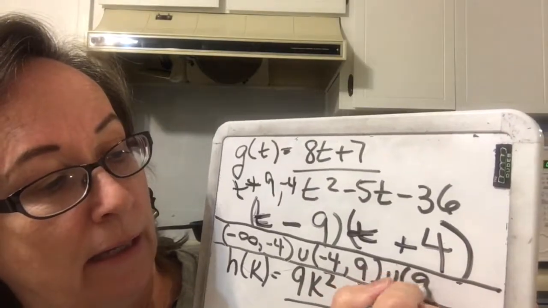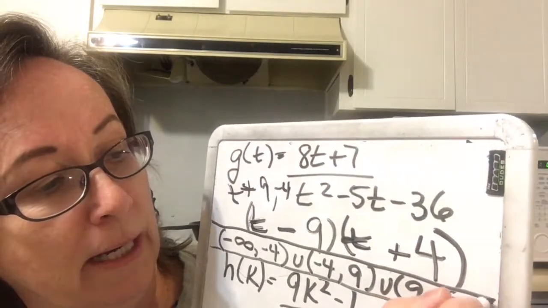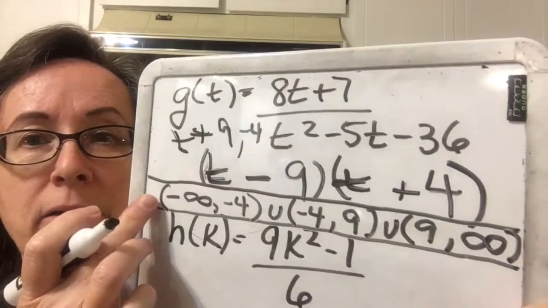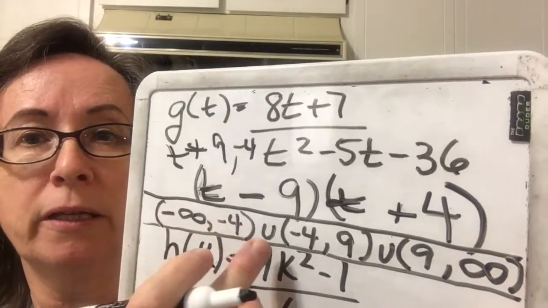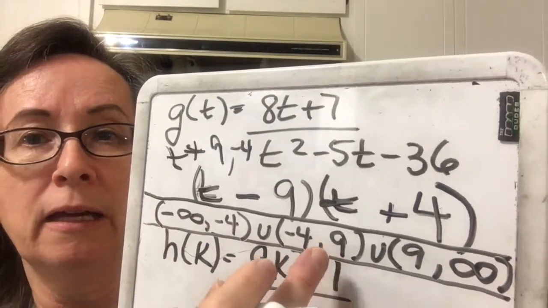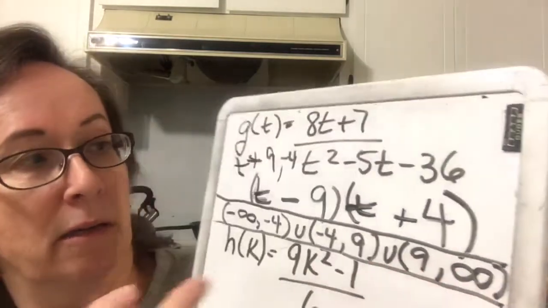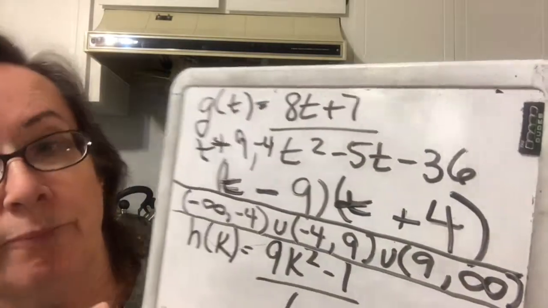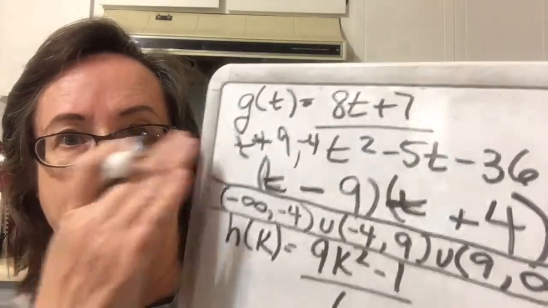So negative infinity to negative 4, union, negative 4 to 9, union, 9 to infinity. And that's the domain of the first problem.